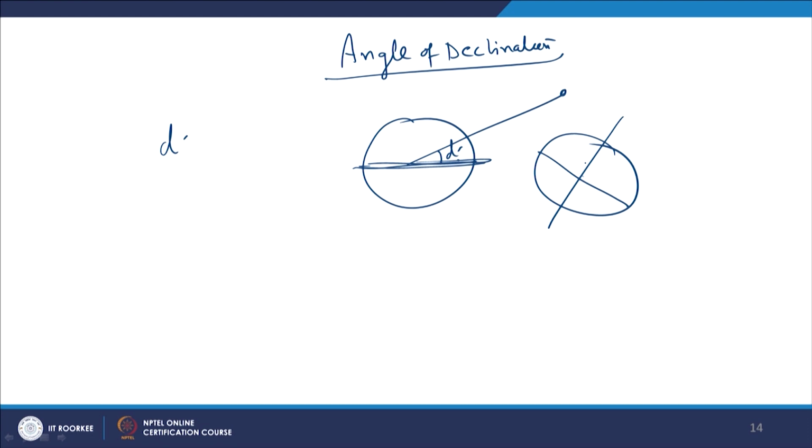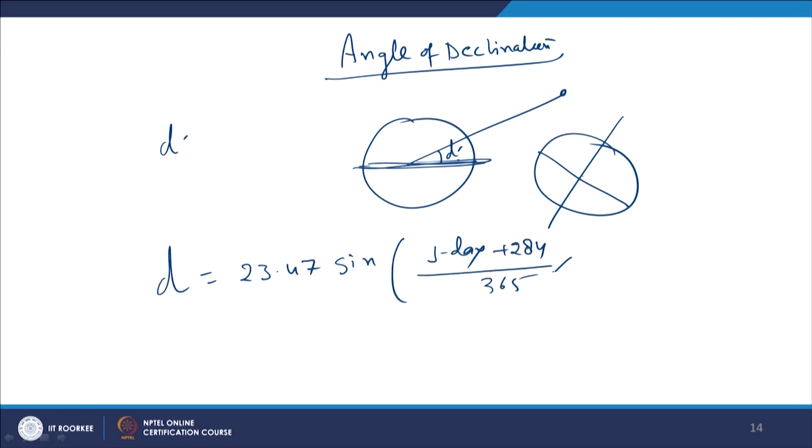For any day, the angle of declination D is 23.47 sin of (284 plus j day) divided by 365 into 360. This will give the angle of declination.